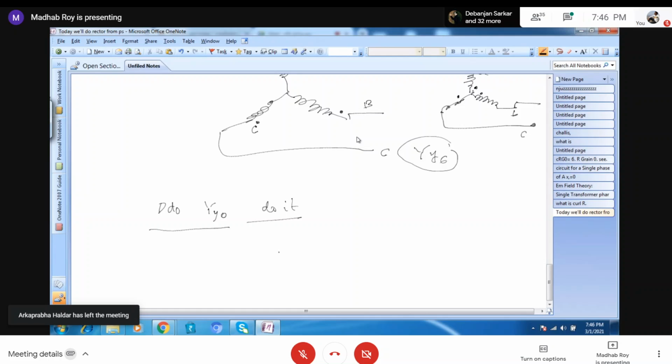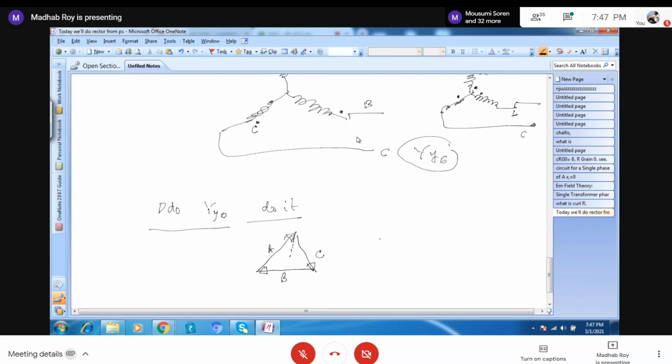Actually, in delta I have already told you. Suppose this connection is A. Okay. And this is the connection of B, and this is the connection of C. So you can say that this is called the A. Okay. So this is called the DD0.